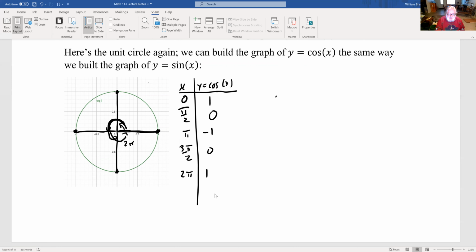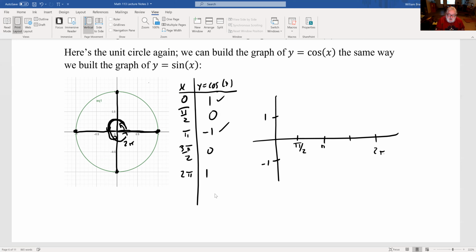So a full cycle of cosine: maximum is 1, minimum is minus 1. We start with 2 pi as one cycle. Cut it in half, cut those in half, so we have quarters. This is pi over 2, this is pi, this is 3 pi over 2, this is 2 pi. So cosine goes positive, 0, negative, 0, positive.